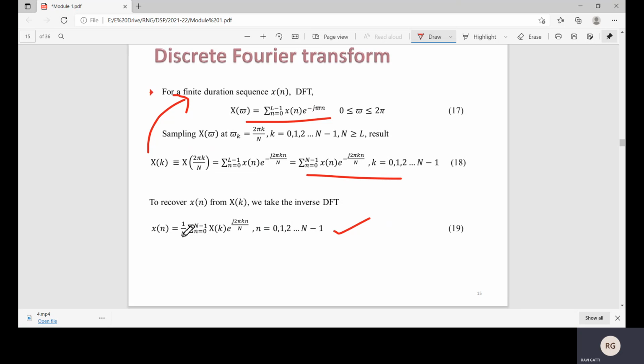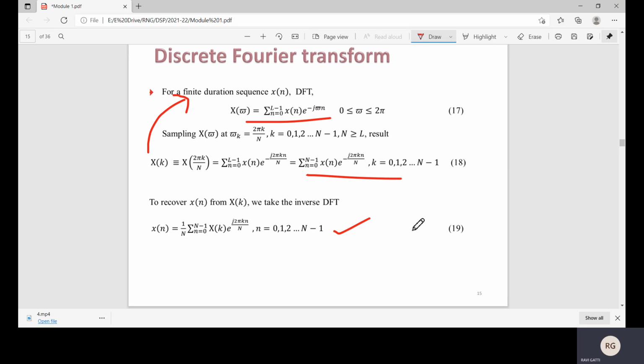That is 1 by n summation k taking the value 0 to n minus 1 x of k into e power j 2 pi k n by n, where n holds the value 0 to n minus 1. So these are the two important equations we are going to study. If you remember these two equations, then we can solve several problems.